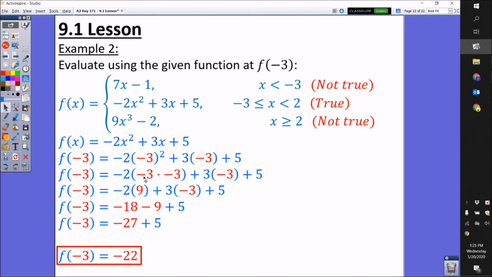For example, -3 times -3, if we look at this closely, most of the time you should get a positive 9. But in some cases I get -9, and that's an easy mistake because you forget the negative. In other cases I get 6, so they thought they were adding when they were supposed to be multiplying. So again, it's always best to expand so that you can visually see what you're doing.